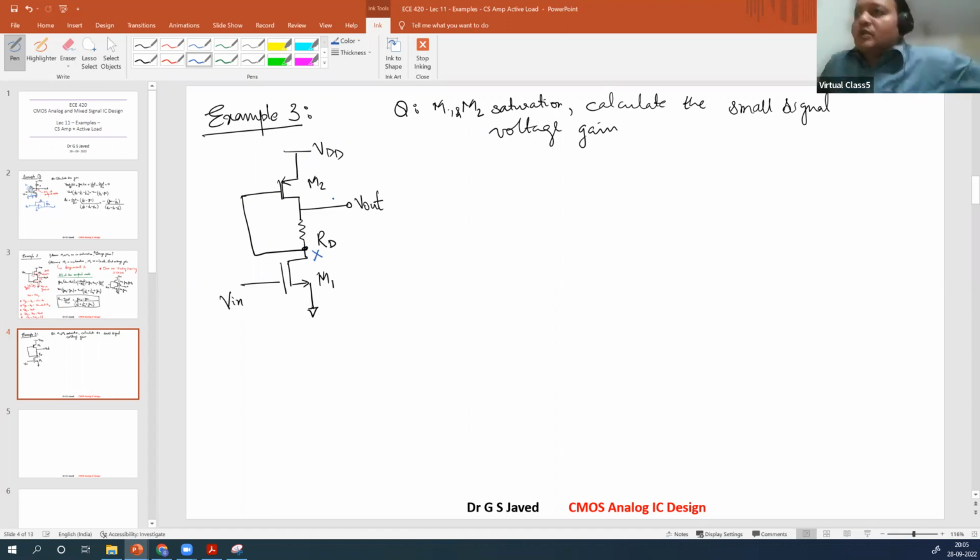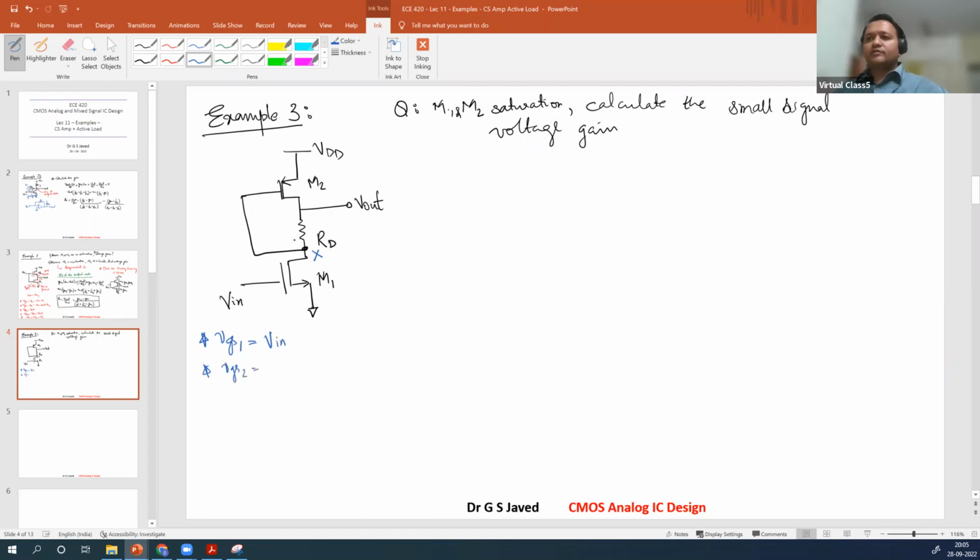Right? First, now we need to find what are the variables that we have. VGS, VT, VDS is all we have to find out. Now let us quickly note down first thing. VGS1 is V in, right?